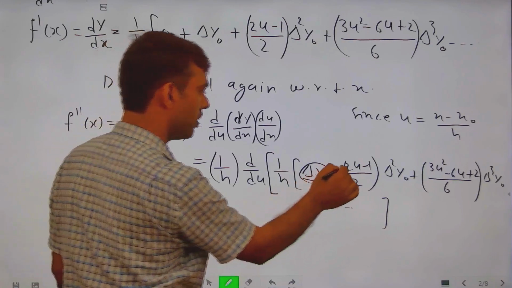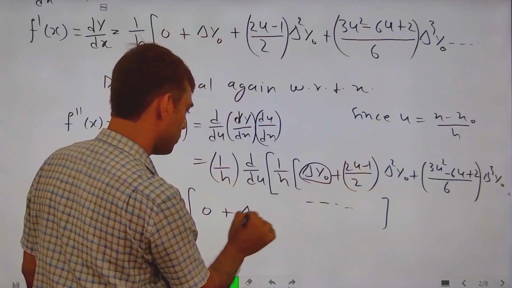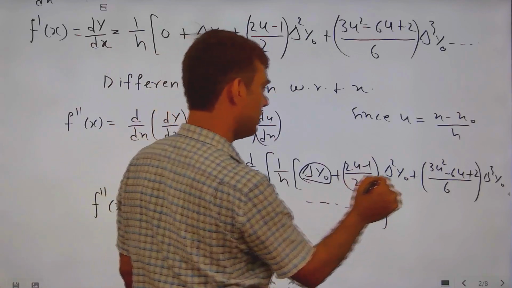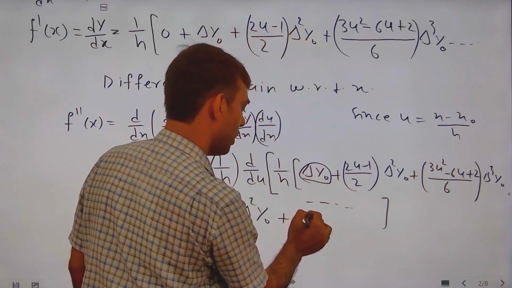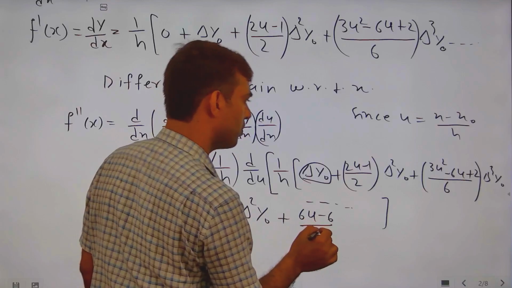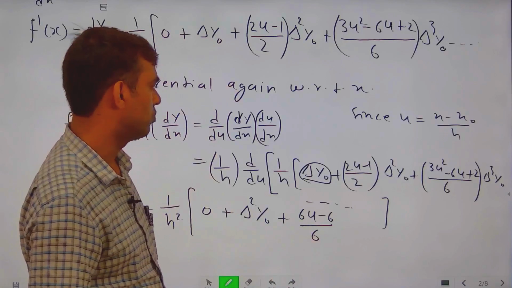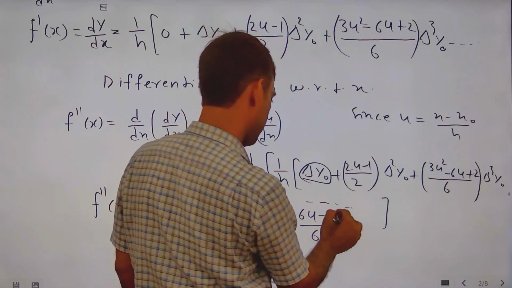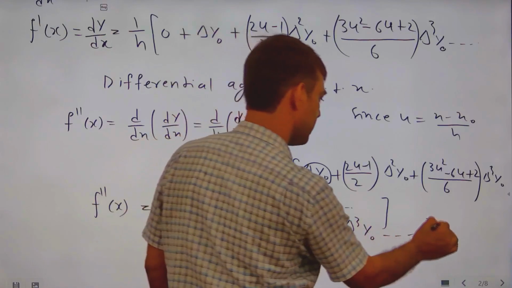If we differentiate this one, then this becomes 2/2, this becomes Δ²y₀, and if we differentiate the third term, then 3u² becomes 6u, minus 6, and (6u - 6) divided by 6 means (u - 1), and this one is Δ³y₀ and so on. This one is a second order derivative.